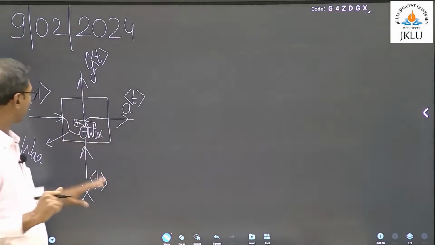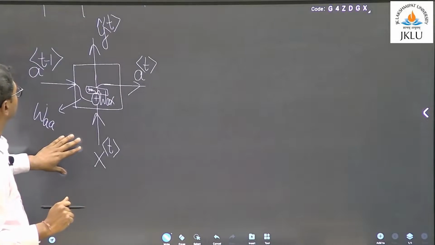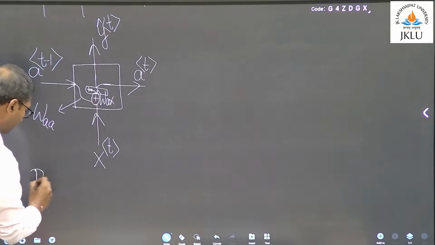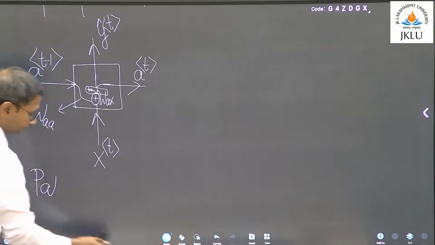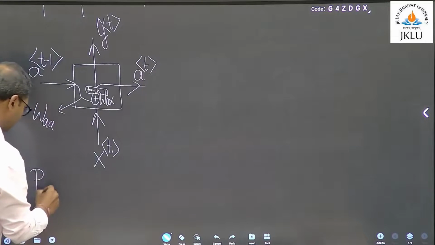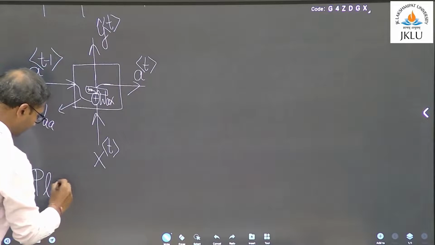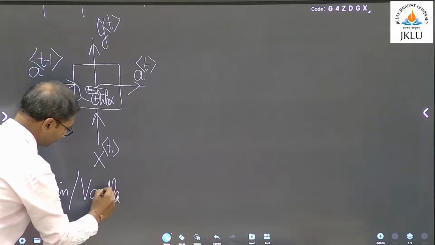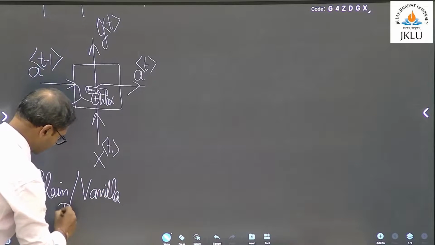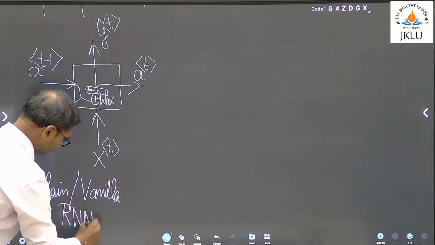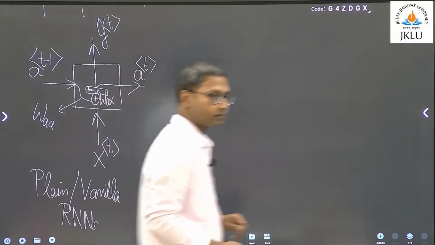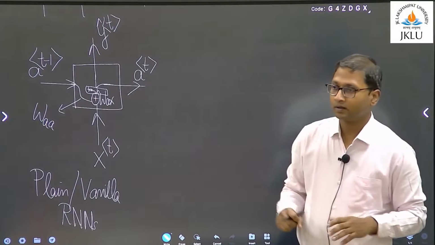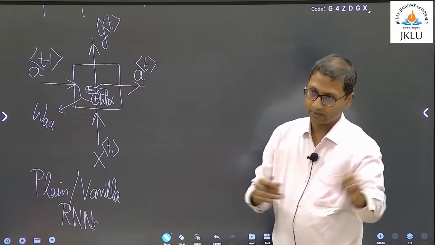These are called plain or vanilla RNNs. They have some problem that we will talk about in the coming week.